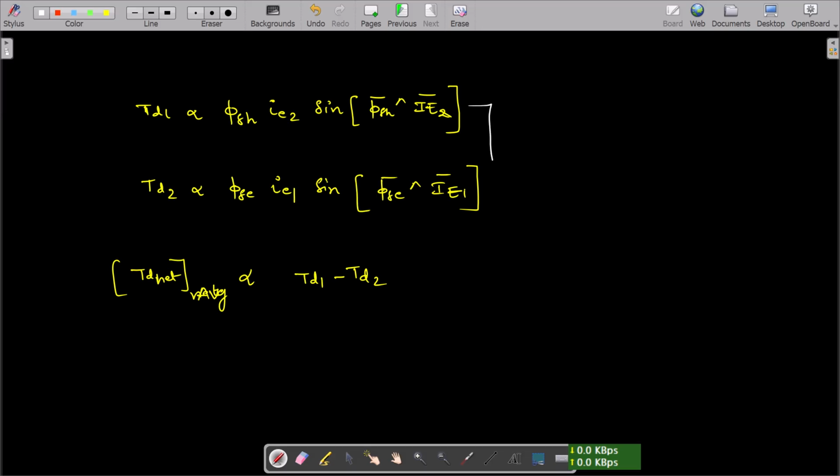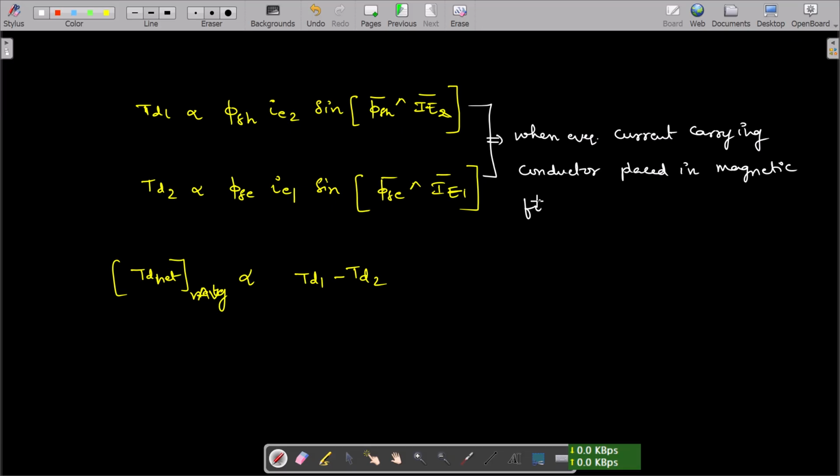Whenever a current carrying conductor is placed in a magnetic field, the conductor experiences force.